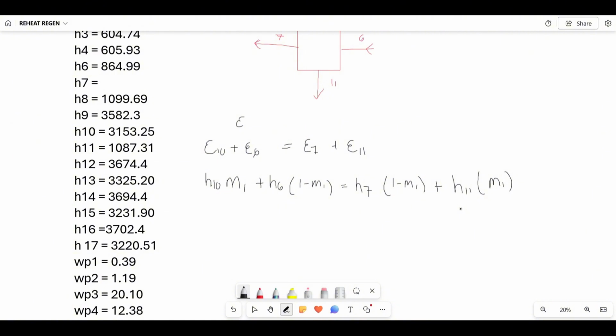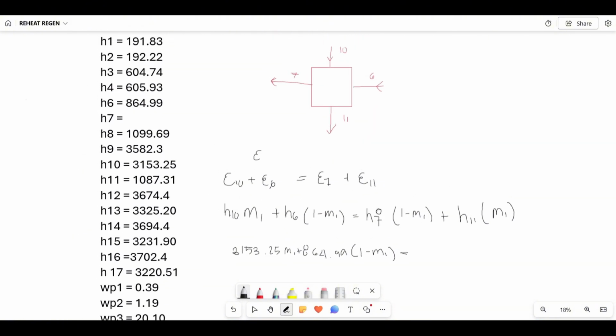So now we can calculate it using our calculators. We're going to input H10 times M1, which is 3153.25, times mass 1, plus H6, which is 684.99, times 1 minus mass 1, is equal to H7.